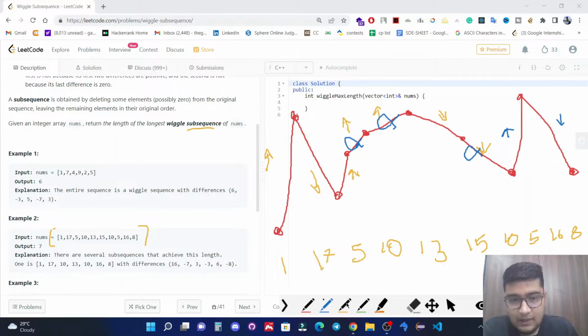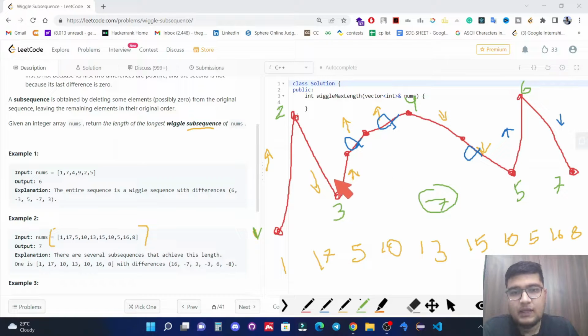In this we have one element here, this is the first one we can consider, this is the second, this is the third, this is the fourth, this is the fifth, this is the sixth, and this is the seventh. So in total we have 7 elements that satisfy the conditions.